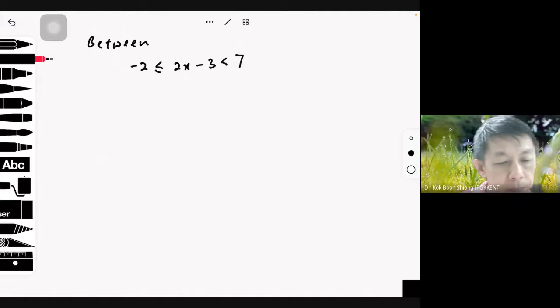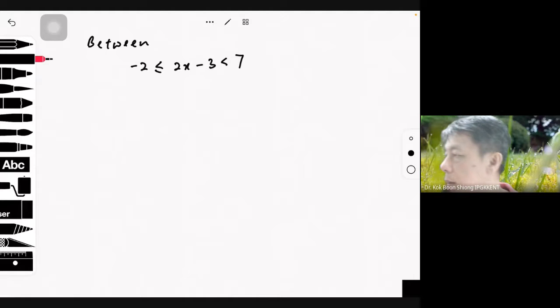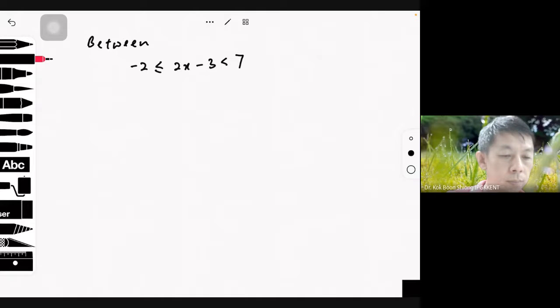Okay, try. We want to turn the middle variable into a single x.